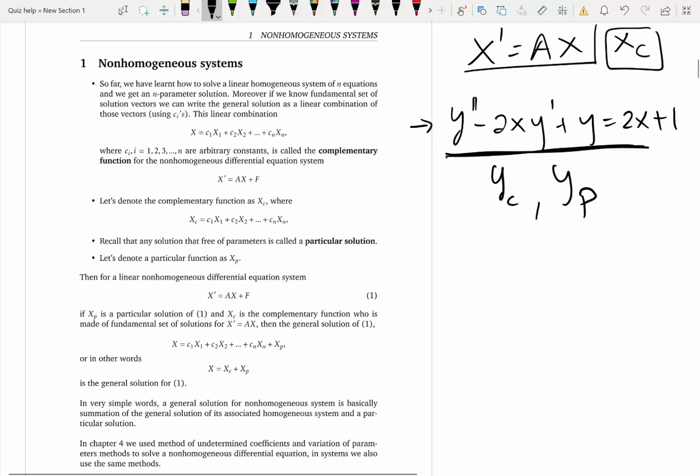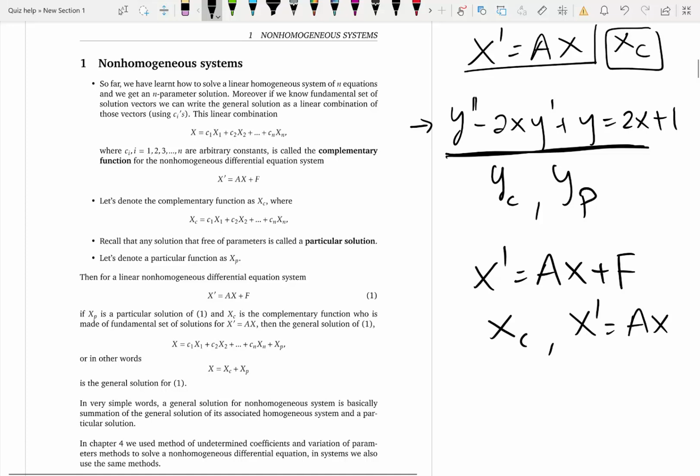So let's say you have a non-homogeneous system, x prime is equal to Ax plus F. First you have to find the complementary solution, that means solve x prime is equal to Ax, the homogeneous version of the system. That means find eigenvalues, find eigenvectors, write the general solution.